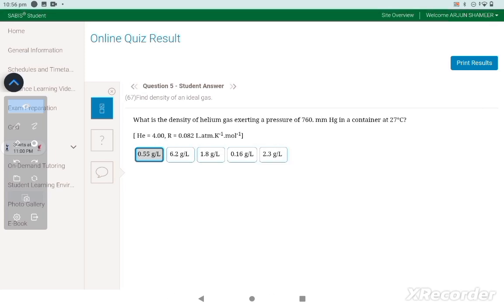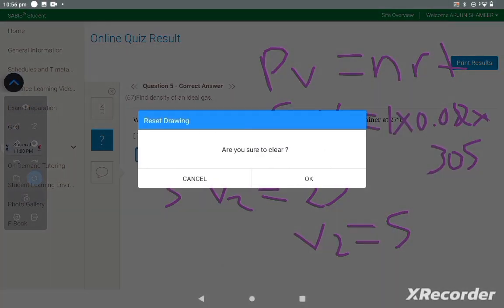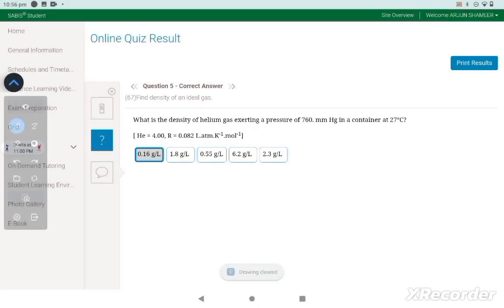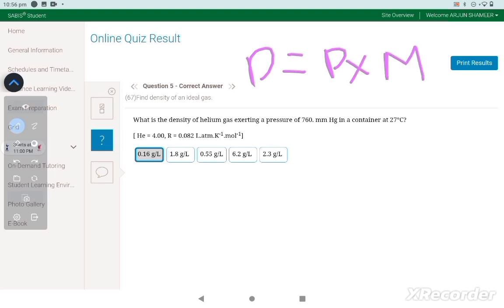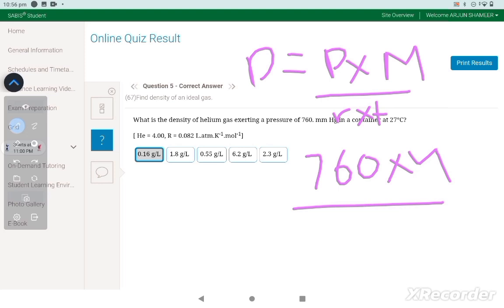Okay, this one, density. For density, we have a specific rule, which is density is equal to pressure multiplied by the molar mass over R times T. Pressure is 760 multiplied by molar mass 4 over R, which is 0.082 multiplied by 27 plus 273, 300.